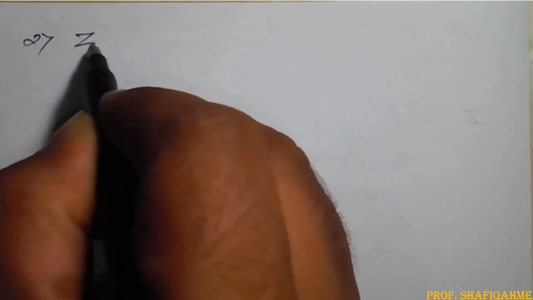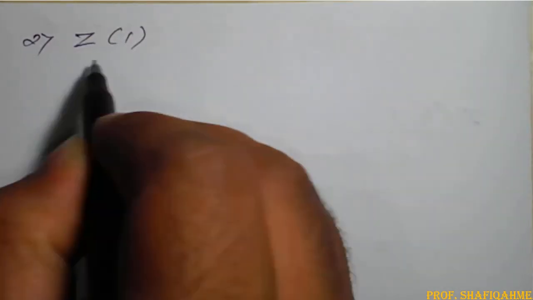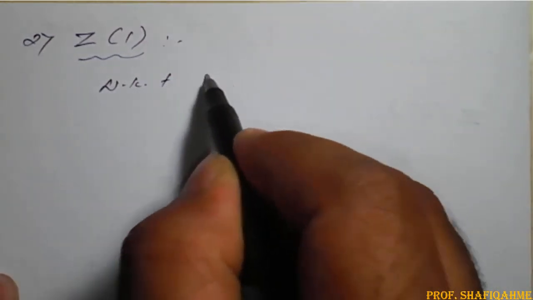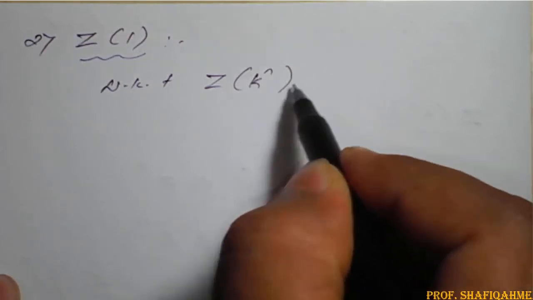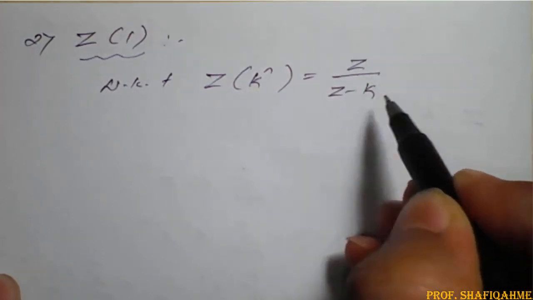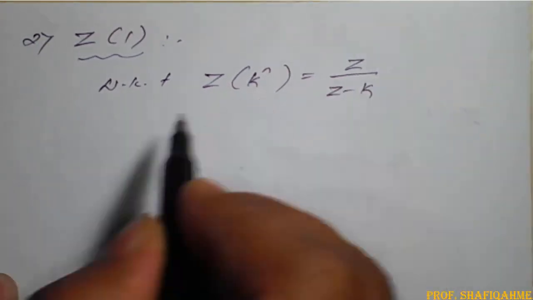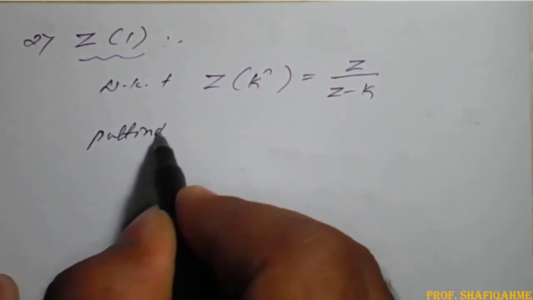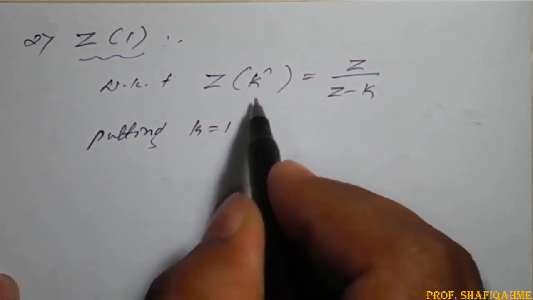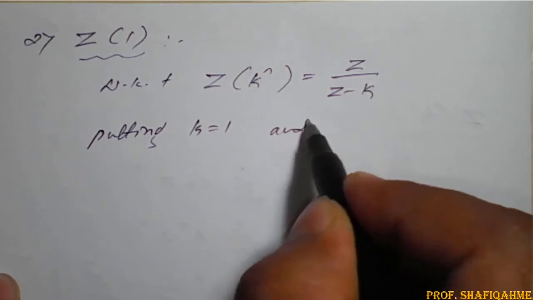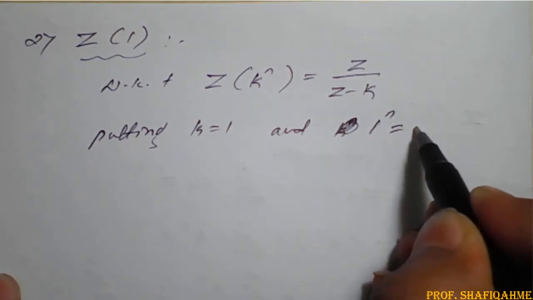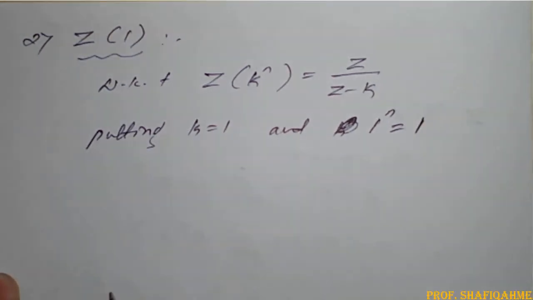Second one we'll see, the Z transform of 1. So we know that the Z transform of k raised to n is nothing but z divided by z minus k. So here, putting k equal to 1, and 1 raised to n is always 1 only.